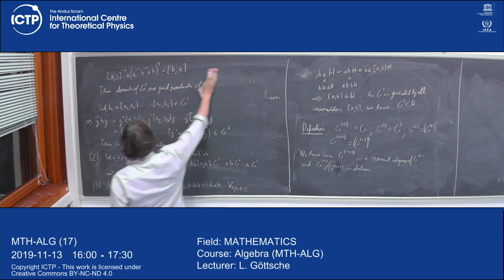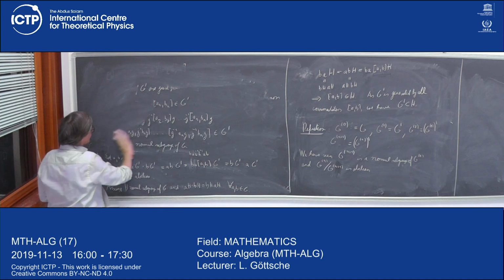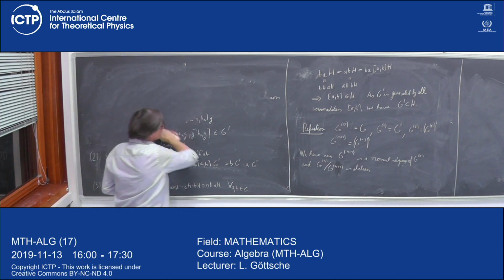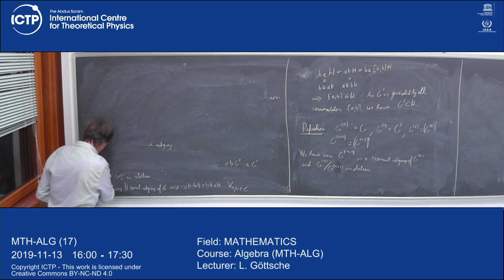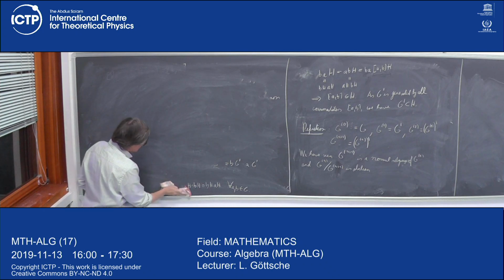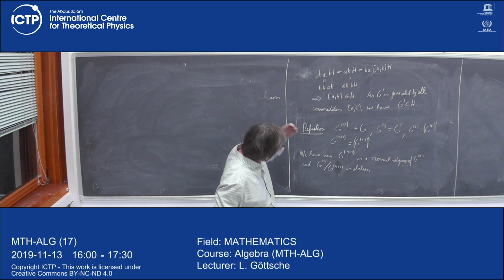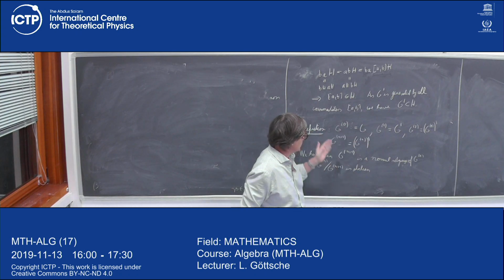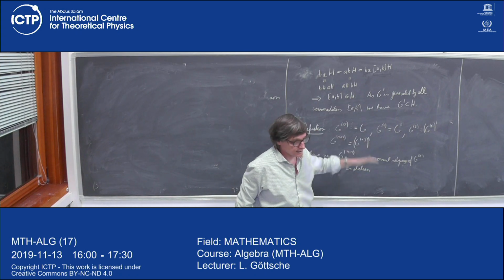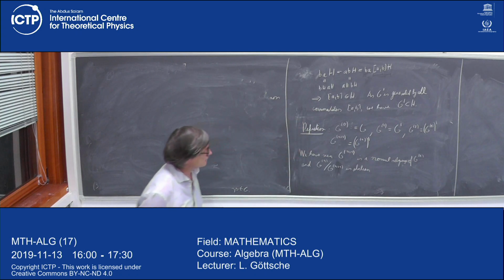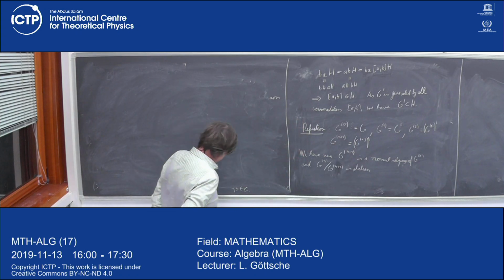Okay, so now we come to the criterion. So, it's kind of clear. We can now do this. We can continue taking commutators of commutators until it somehow stops.